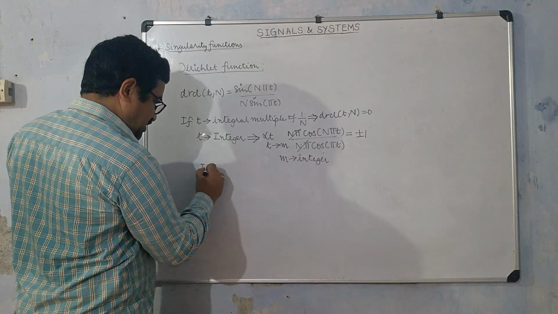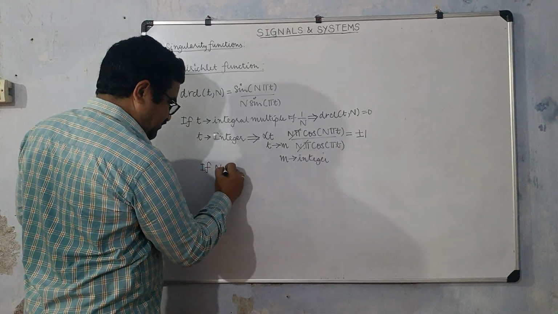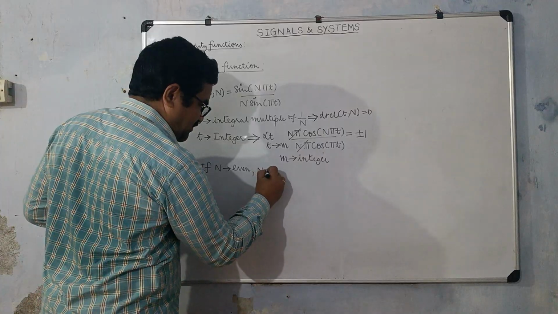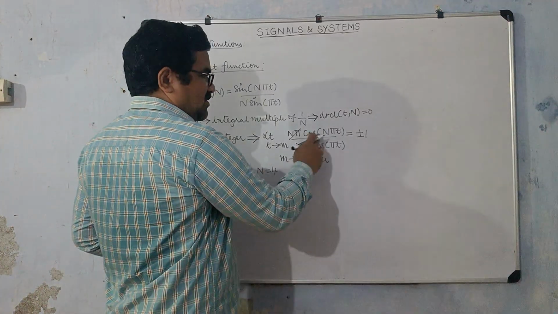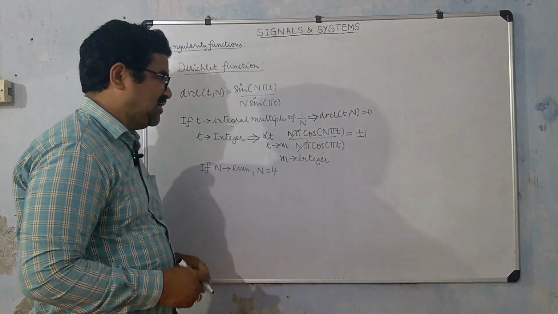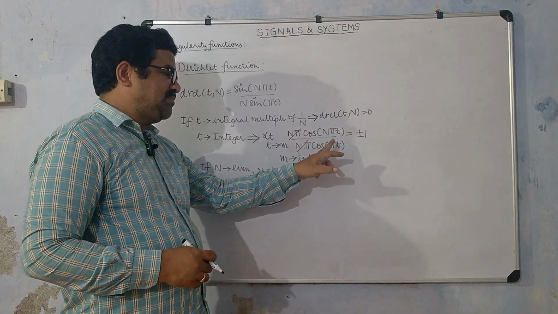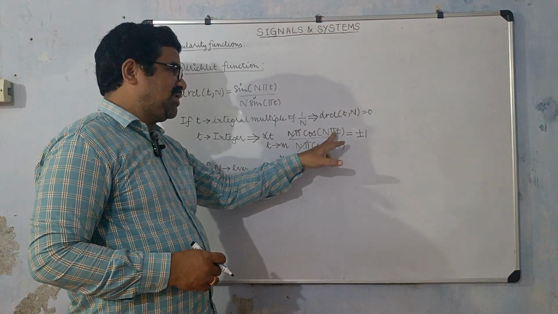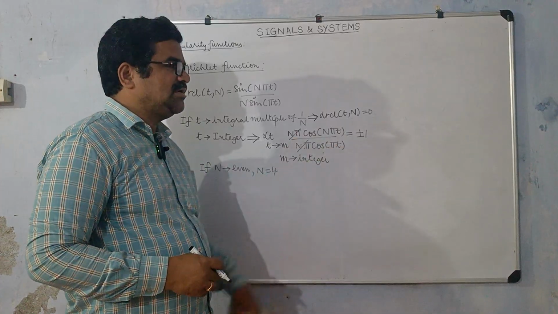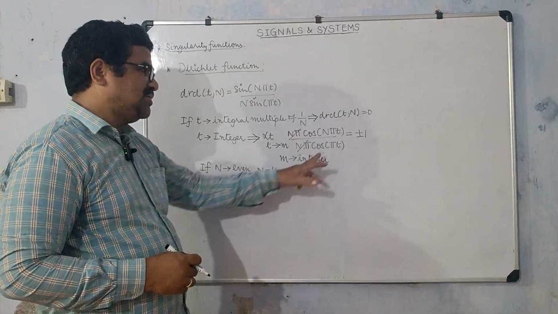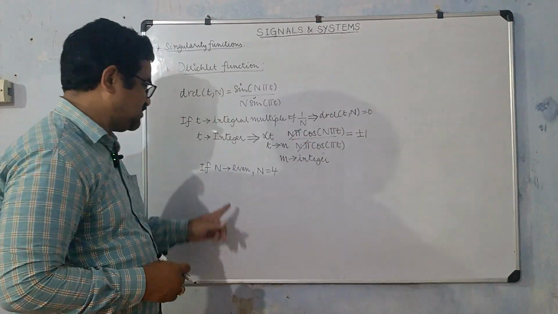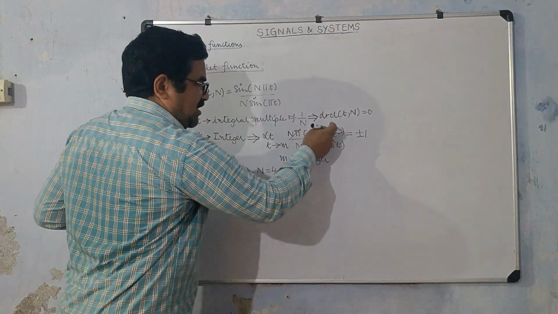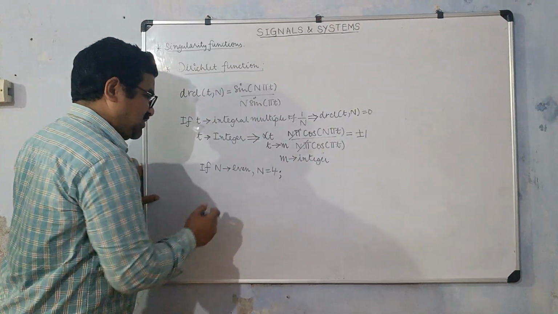Let us say n is even, let us say n is equal to 4, then cos of 4 pi t by cos pi t. Let us say t is equal to 1: cos 4 pi is 1, cos pi is minus 1. So if n is even, it can be either plus 1 or minus 1.